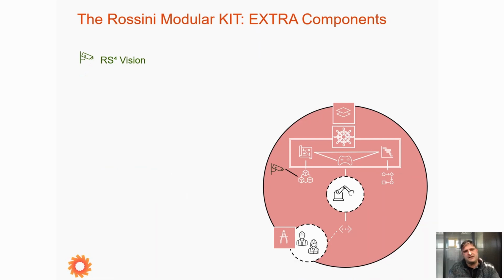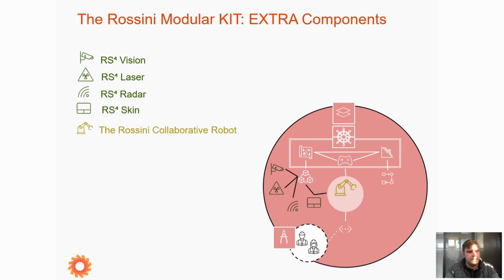Moving to the extra components, instead, we have a whole set of sensors developed that, of course, are connected to the RS4 controller, like the vision camera, the laser, the radar, the skin.